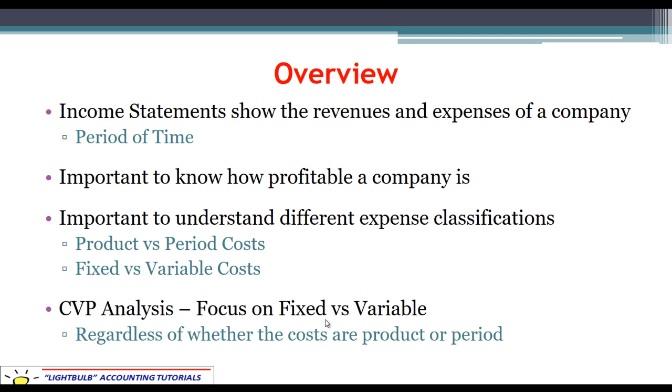We're going to tie this discussion in with cost, volume, profit analysis. With that particular analysis, we're more concerned with fixed versus variable cost, as opposed to product or period costs. So we're going to see how that CVP analysis fits into one of these types of statements.